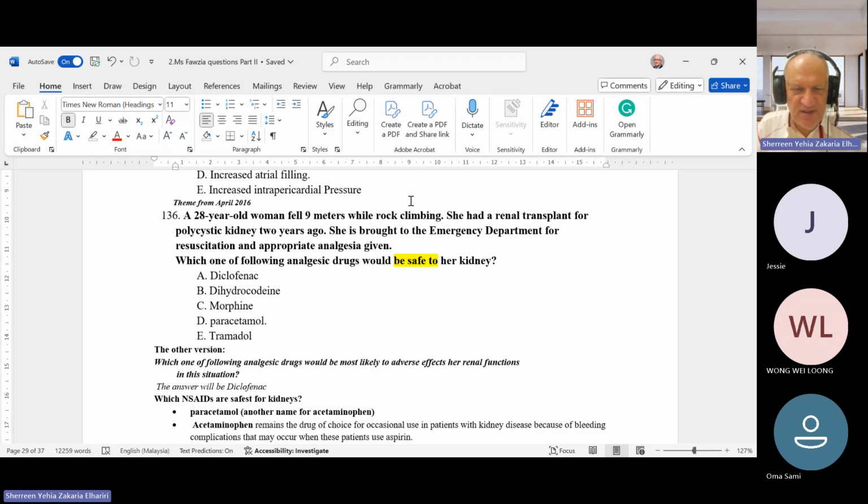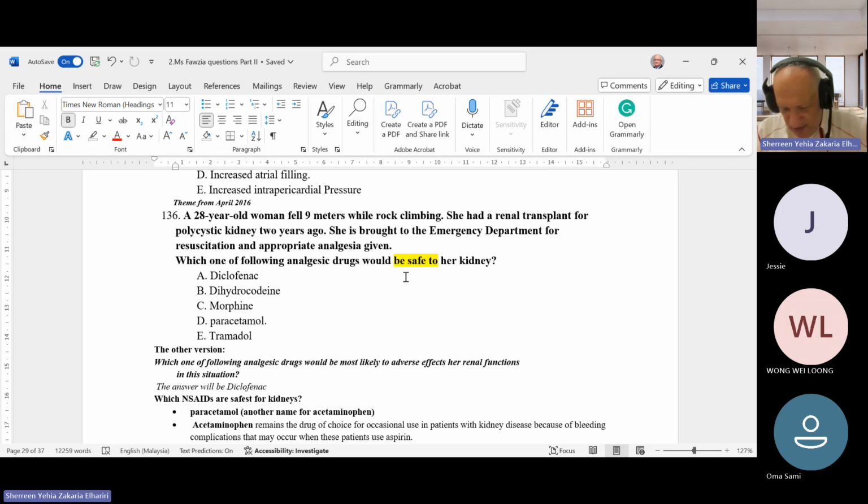In the other version of the same question, they ask what is the most likely adverse effect on renal function in this patient. The worst is diclofenac. Of course, none are completely safe, but what is the safest? What is your opinion? Paracetamol. Yes, the safest, or the one with fewer side effects, is paracetamol, but diclofenac and all these are very dangerous.